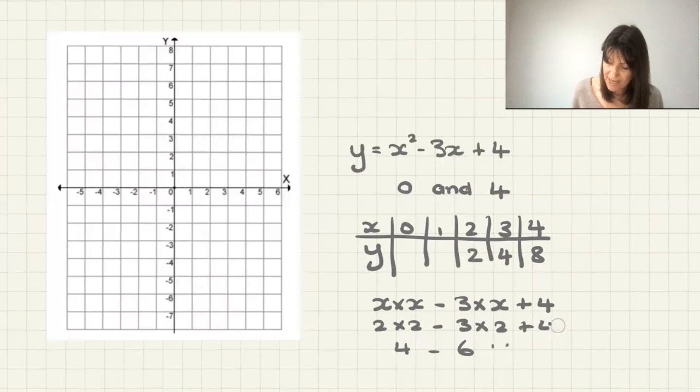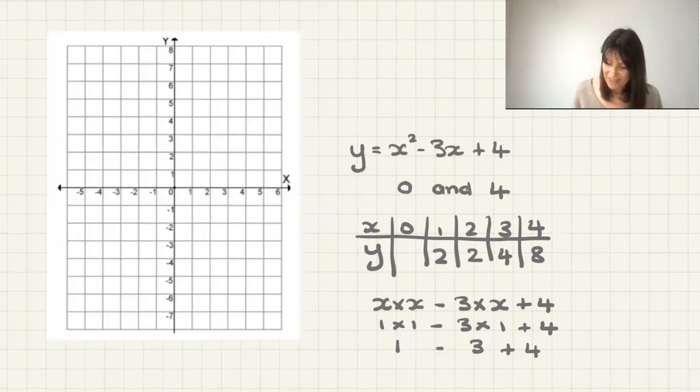And then I'm on to the next one, which is 1. So 1 times 1 minus 3 times 1 plus 4. So 1 times 1 is 1. 3 times 1 is 3. So 1 minus 3 is minus 2. Minus 2 plus 4 is 2.